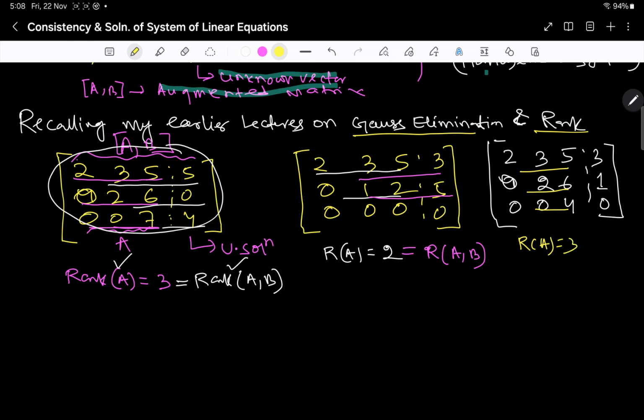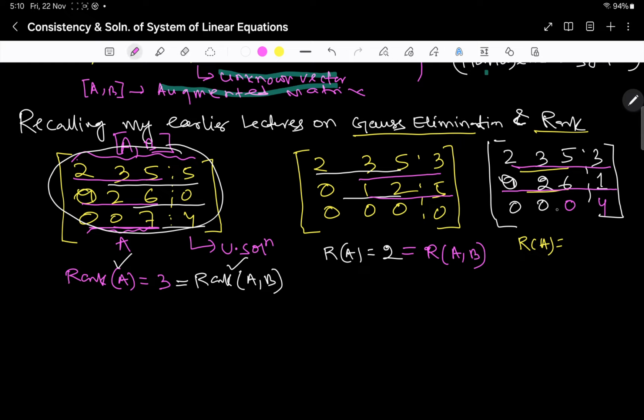But what happens to your rank of AB, the total AB here? The rank of AB is, this is 1 non-zero row, this is 1 another non-zero row, but this is a 0, this is another. Make a small correction here. You make it 0, you make it 0 and you make it 4. So what will happen here?